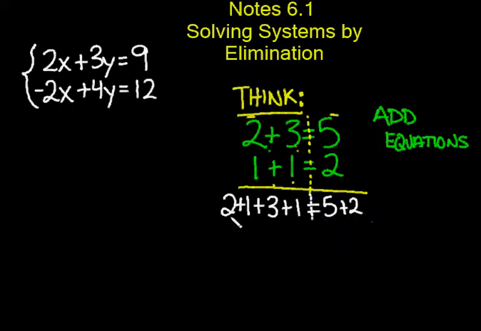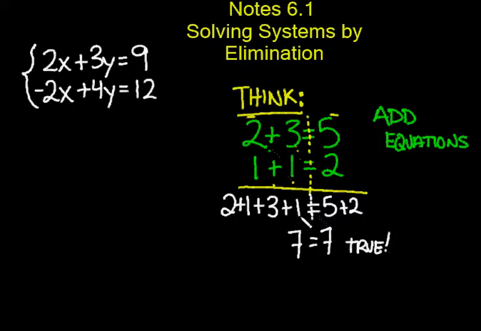On the left, that makes 7. On the right, I got 5 plus 2, which is also 7. And yay, we're still left with a true statement. You're going to have to trust me here, but this works for all equations. You're allowed to add one equation to another equation to get a third equation.